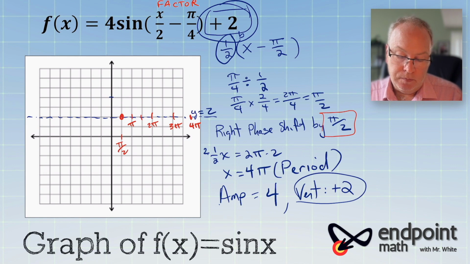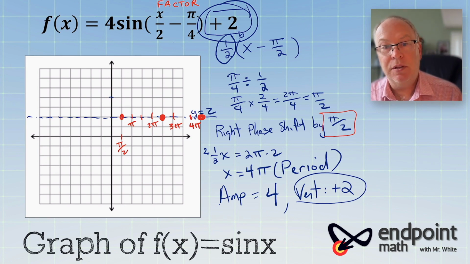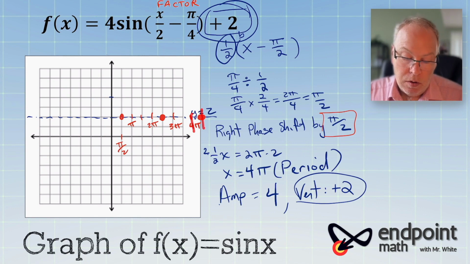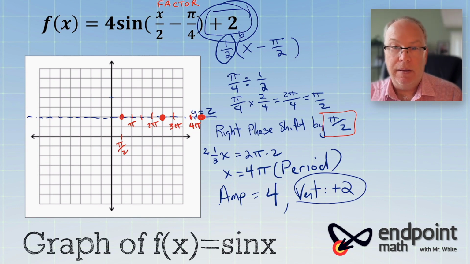So I have to go 4 blocks here. That's where my first 0 would be, and then my next one would be way the heck over here, because this is really slow. Okay, so I had to go pi over 2 past 4 pi. Because if you measure this, it's a full 4 pi.